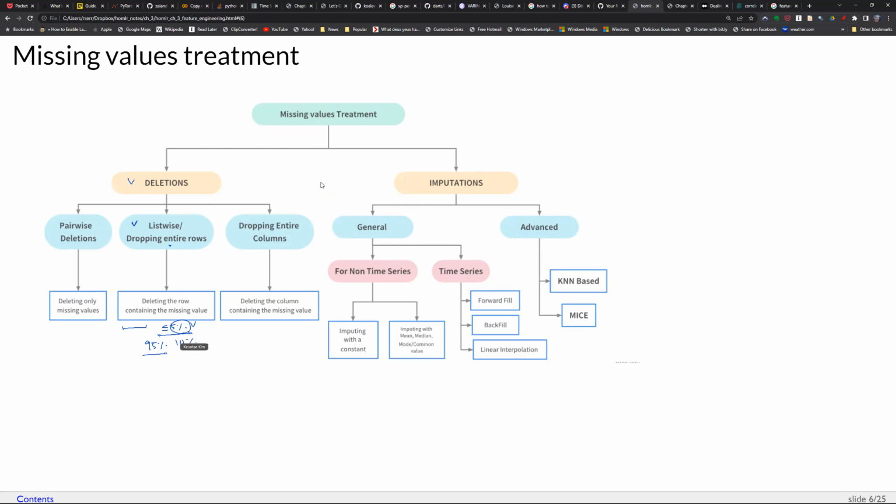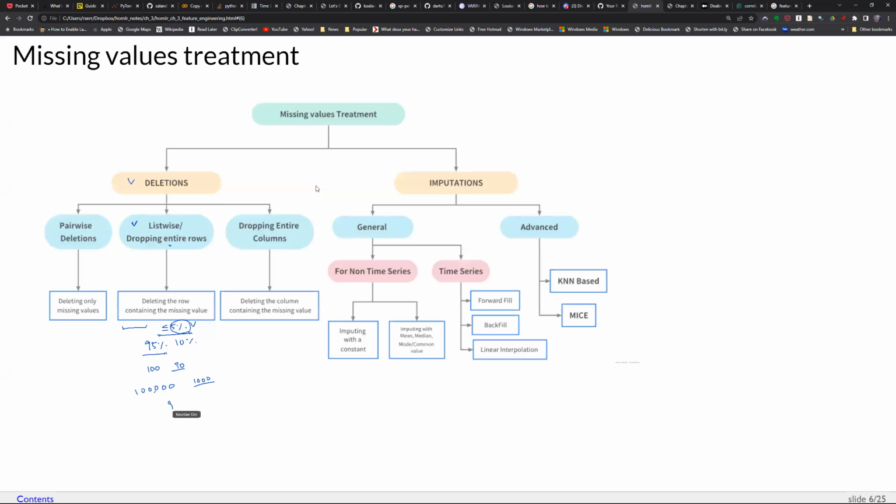So 10% will be kind of okay, but 10% is a little bit dependent on your sample size. For example, if you have 100 observations, 10% means you only keep 90 observations. In that case, you have to think that 10% is not good enough. 10% is quite critical, but if you have 100,000 observations, your 10% is 10,000, right?